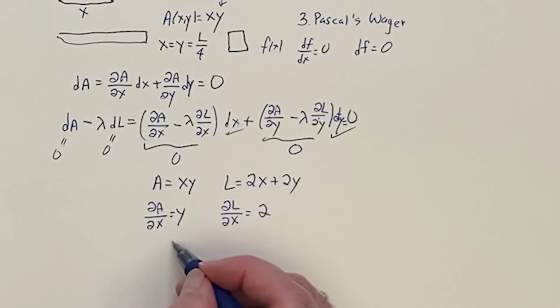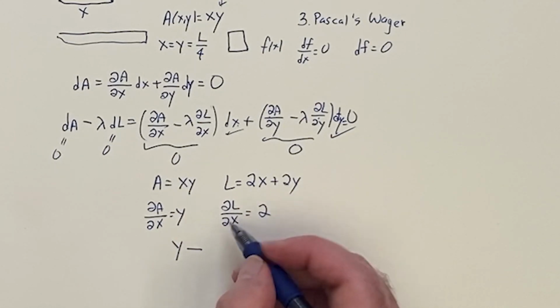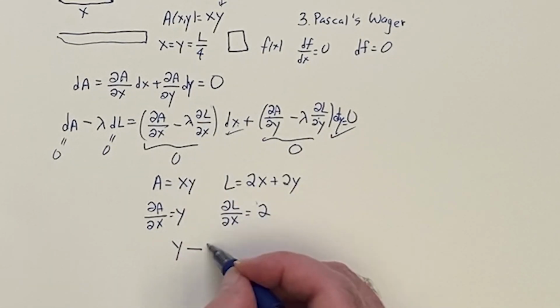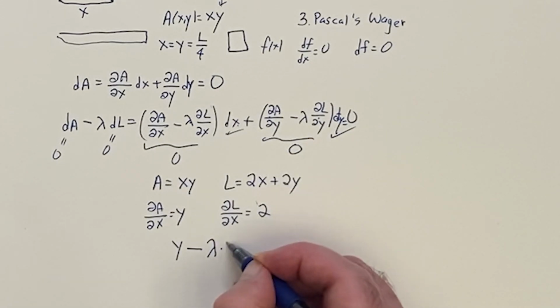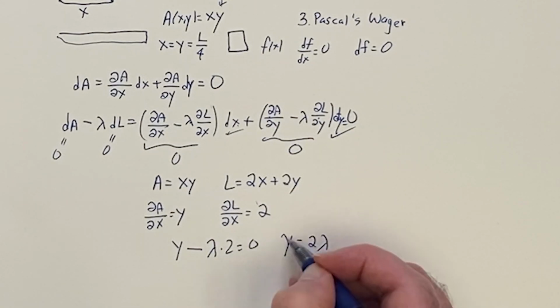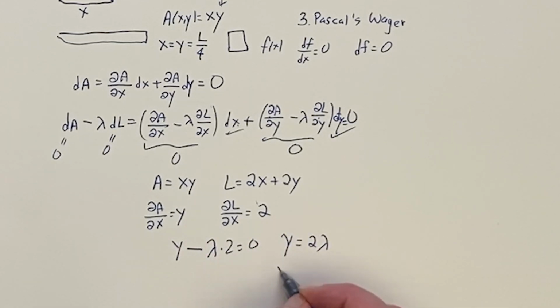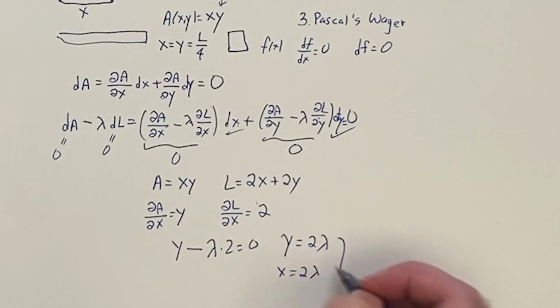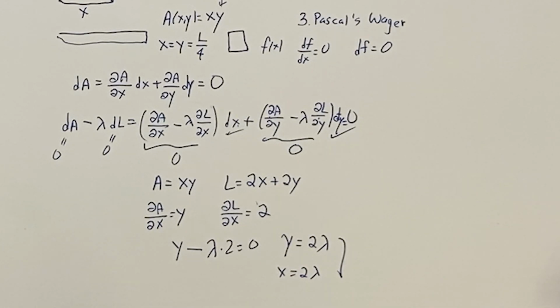Using this formula, you have y minus lambda times 2 equals 0, which means y is 2 lambda. You do the same thing for x, you get x is 2 lambda, which means x and y are equal, and you've got yourself your square. So that's a cool trick I'd like you to know about, which we will use later in our course.